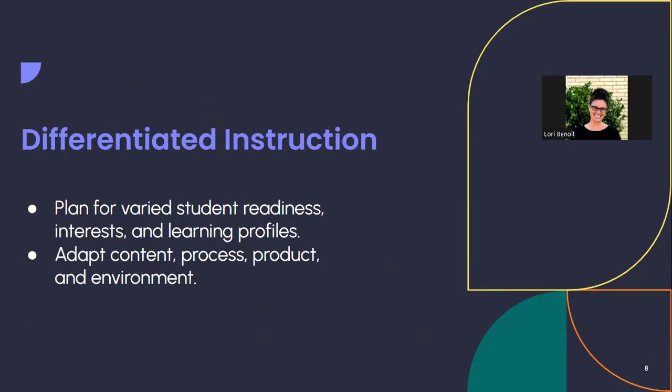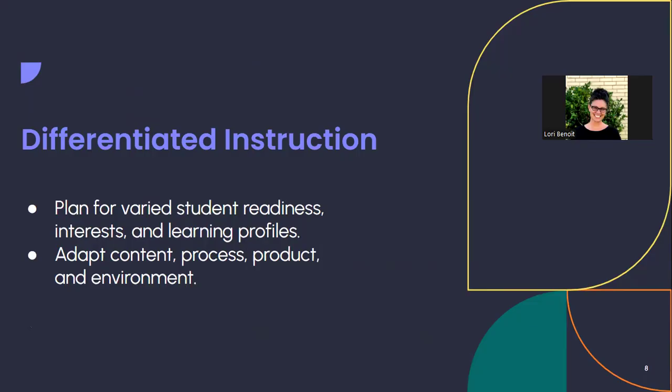The next one is differentiated instruction. Differentiation is about equity. Not all students learn the same way or at the same pace. And this component, differentiated instruction, shows you how to adjust your lessons to serve everyone using strategies rooted in universal design for learning and responsive planning.